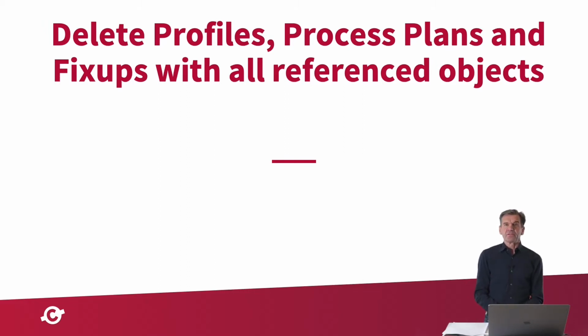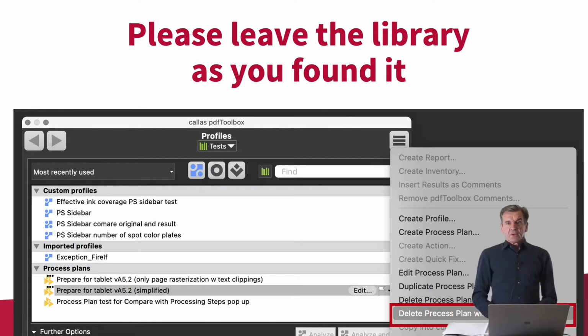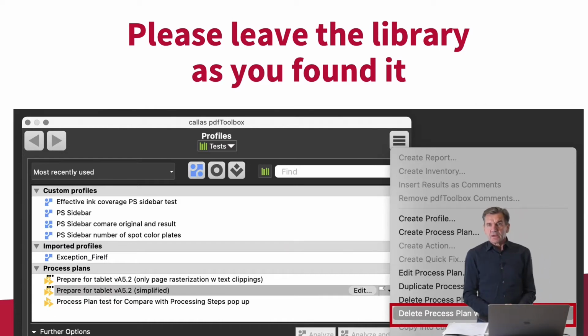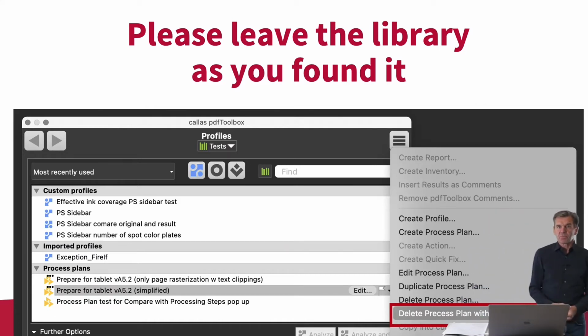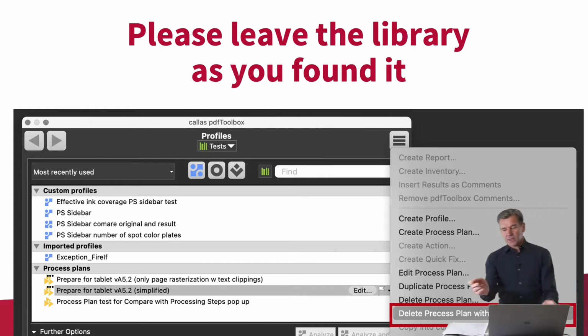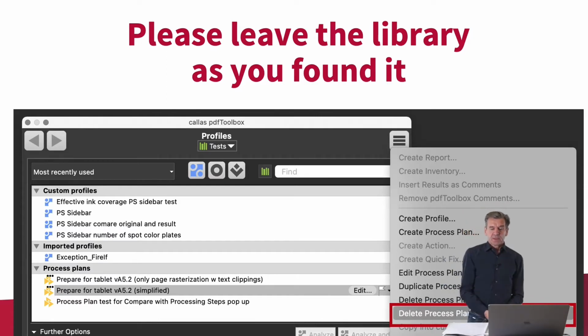The next one is easy and straightforward. Delete profiles, process plans, and fix-ups with all reference objects. Anyway, there is delete process plan with referenced objects. And that basically does what it says.